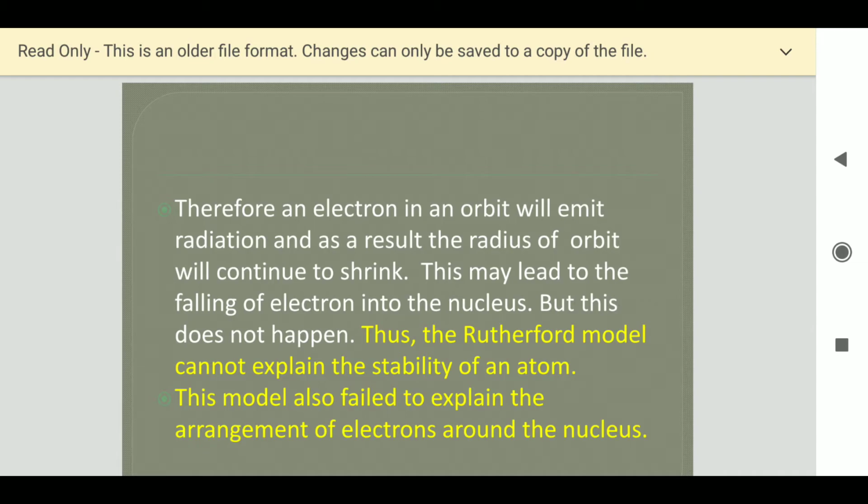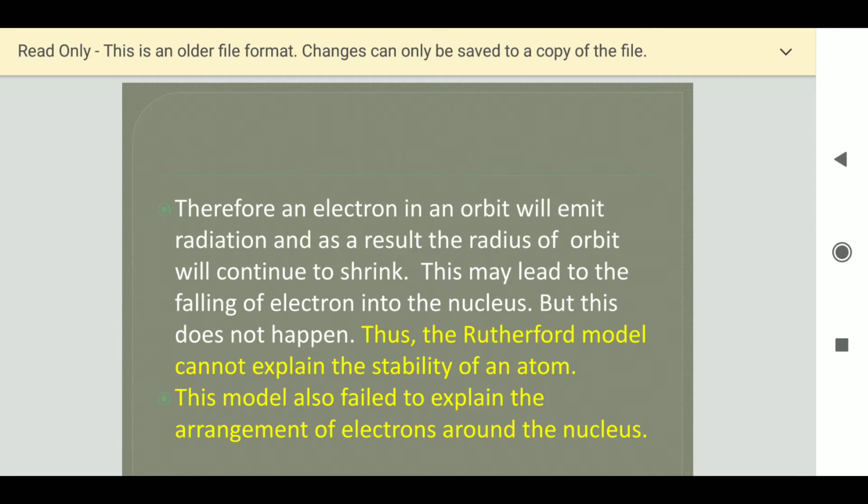Therefore an electron in an orbit will emit radiation, and as a result the radius of the orbit will continue to shrink. The orbit surrounding the nucleus keeps shrinking, and this may lead to the electron falling into the nucleus. If it shrinks, the electrons moving in orbit will drop down to the positively charged nucleus.